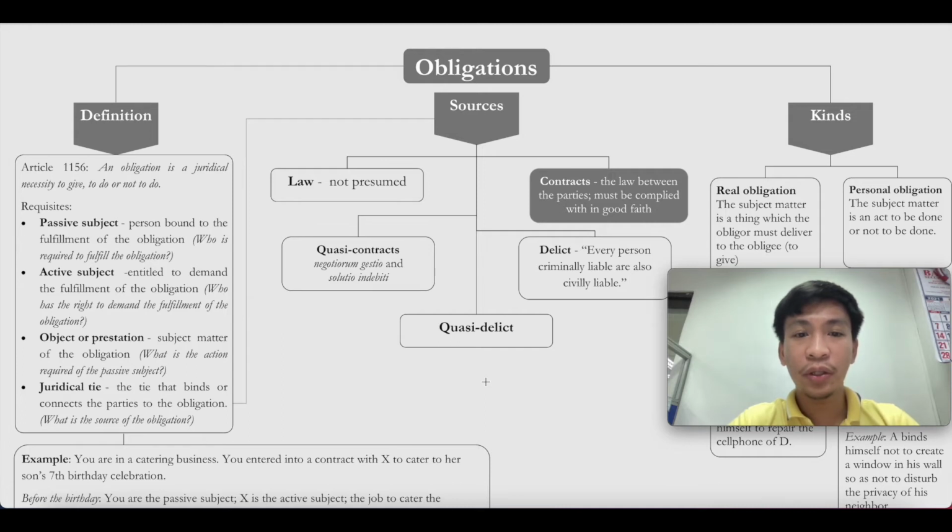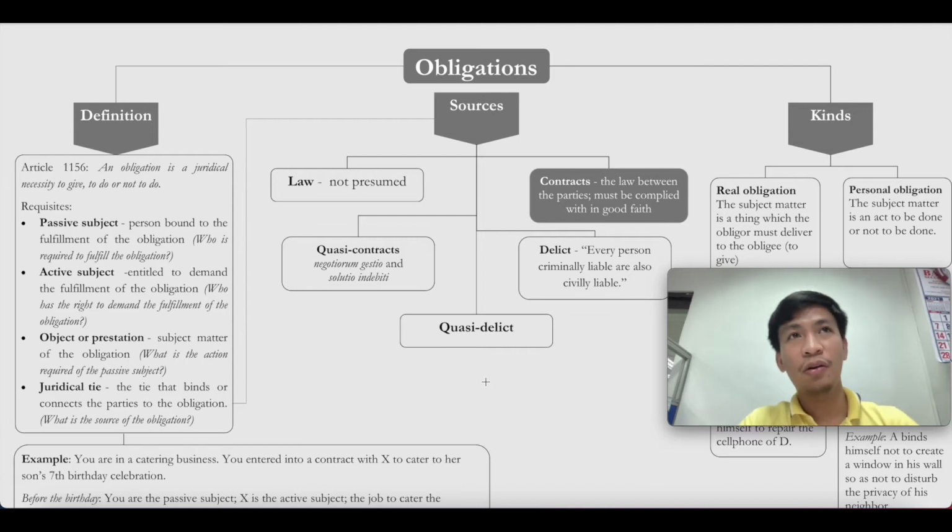Now, what are the kinds of quasi-contracts? We have two kinds of quasi-contracts. We have negotiorum gestio and solutio indebiti. However you pronounce these two things, pero basically these two quasi-contracts are based on lawful, unilateral, and voluntary acts.